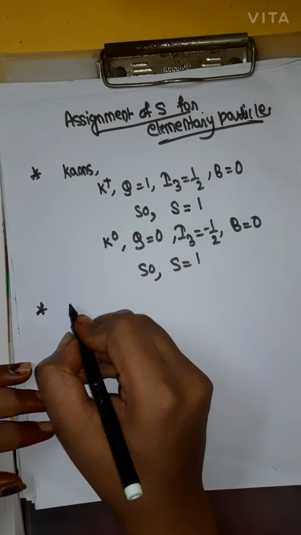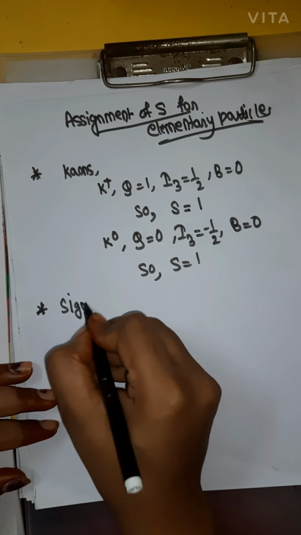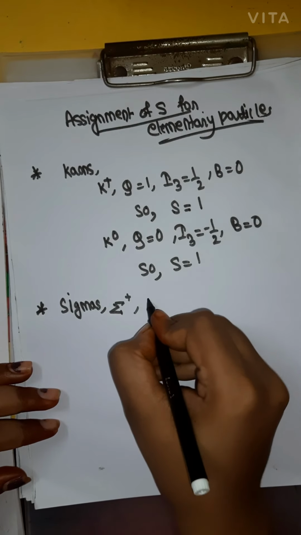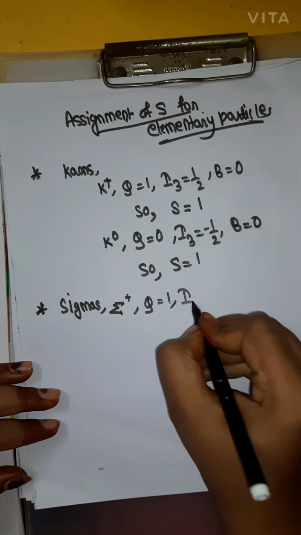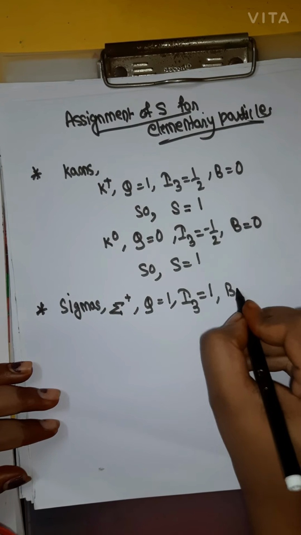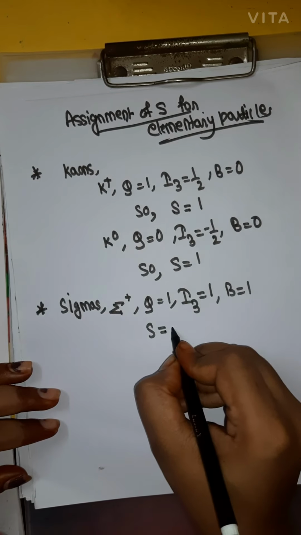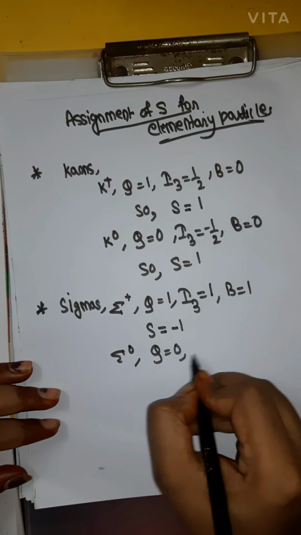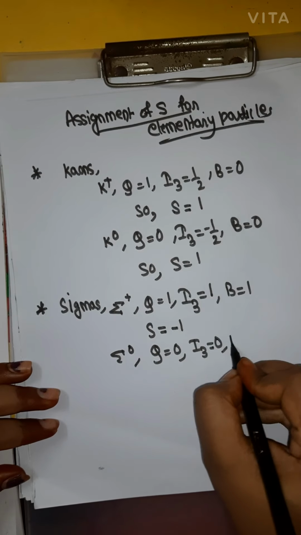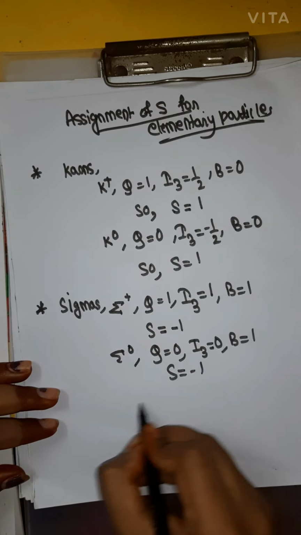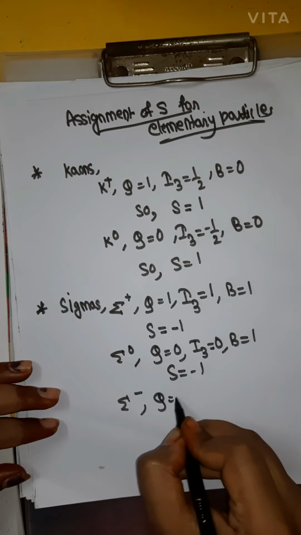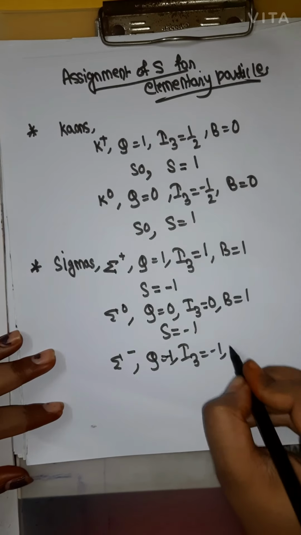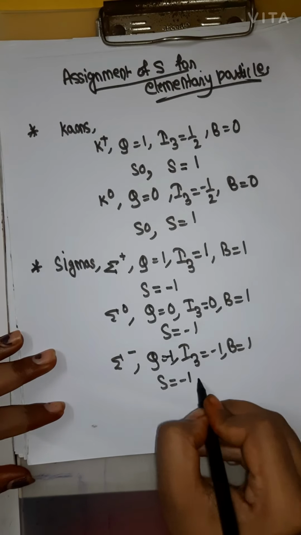For hyperons, that is for sigmas, firstly for sigma plus we have Q is equal to 1, third component of isospin is 1, and baryon number of 1, so strangeness is minus 1. For sigma 0, Q is equal to 0, I3 is equal to 0, baryon number is 1, so strangeness is minus 1. For sigma minus, Q is equal to minus 1, I3 is equal to minus 1, baryon number 1, so strangeness is minus 1.